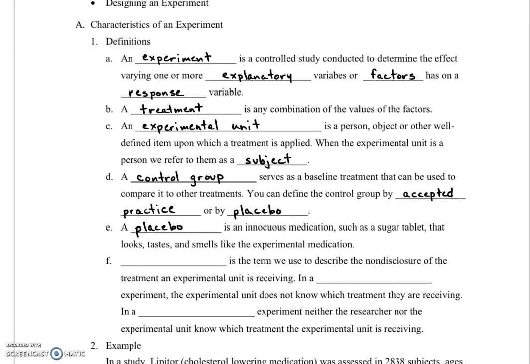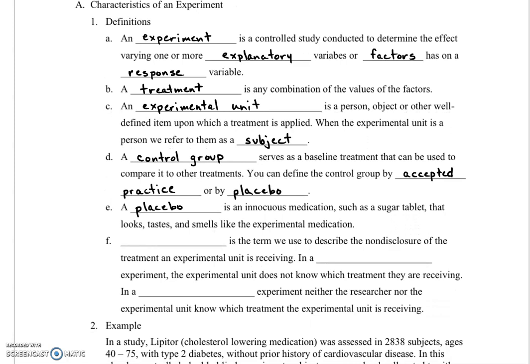The other thing we need to talk about in terms of experiments is what we call blinding. Blinding is the term we use to describe the non-disclosure of the treatment that an experimental unit is receiving.